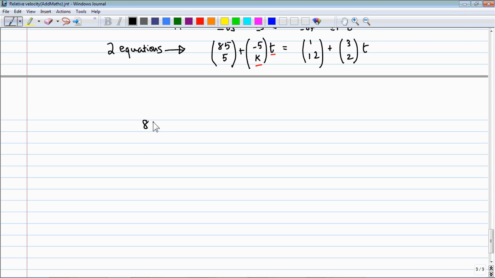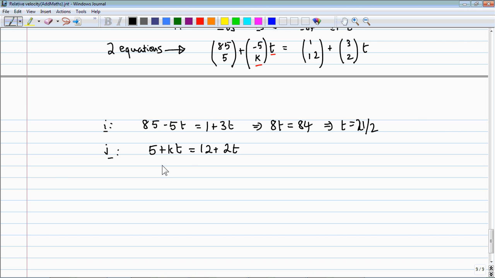So let's look at the first equation. For i, we get 85 minus 5t equals 1 plus 3t. This gives me 8t equals 84, which gives me t is 10.5, or let's say 21 over 2. And that's looking at the i components. Now looking at the j components, I'm getting 5 plus kt equals 12 plus 2t.